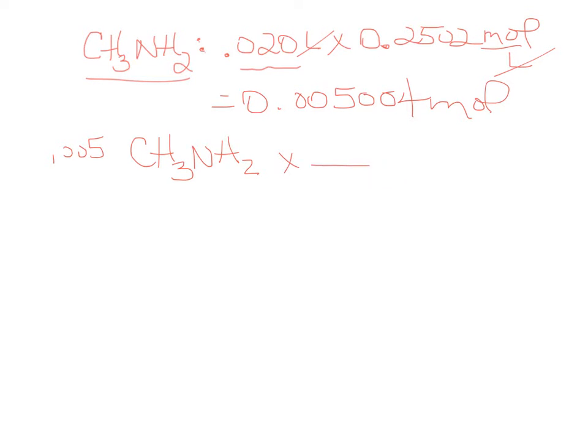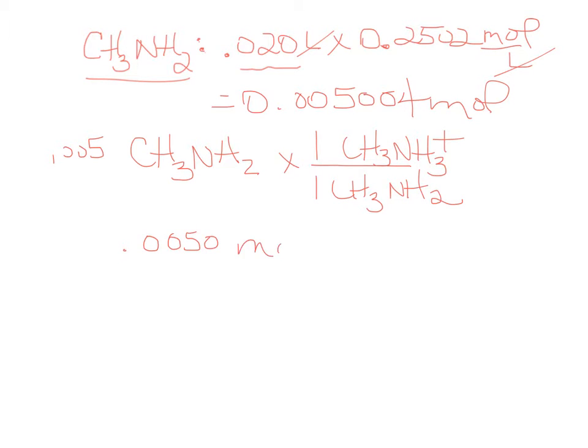The mole ratio of those two is 1 to 1. So for every 1 mole of the weak base we react, we form 1 mole of its conjugate acid. So we now know the number of moles of the conjugate acid that we have at the equivalence point is this.